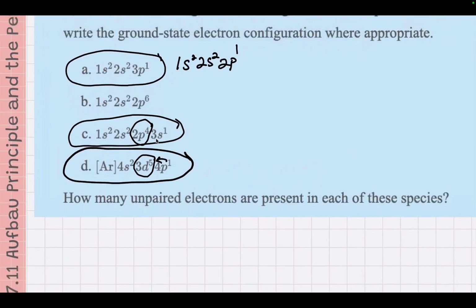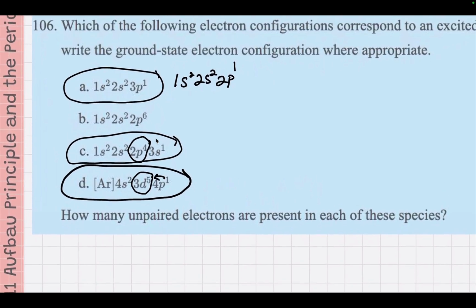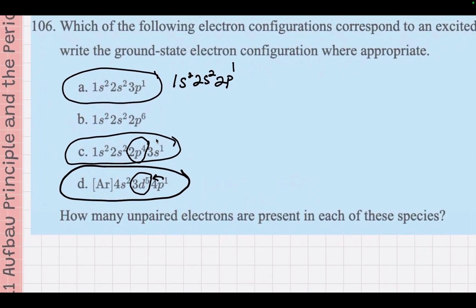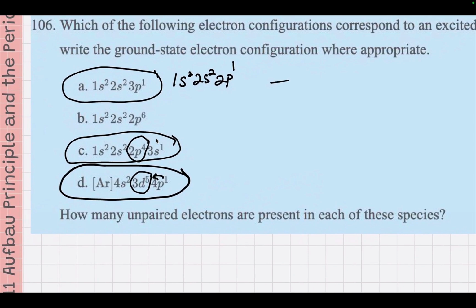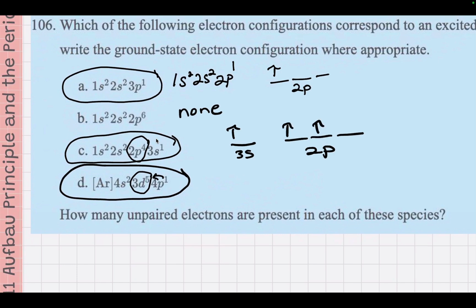How many unpaired electrons are there in each of those up above? So you can visualize this if you want. So letter A, there's going to be that 1. Letter B, there's going to be none. Letter C, there'll be 1 in the 3s. Oops, there might be more. I have to think, because we have the 2p that's not full. Okay, so this one actually has, I'll move the 3s over here.